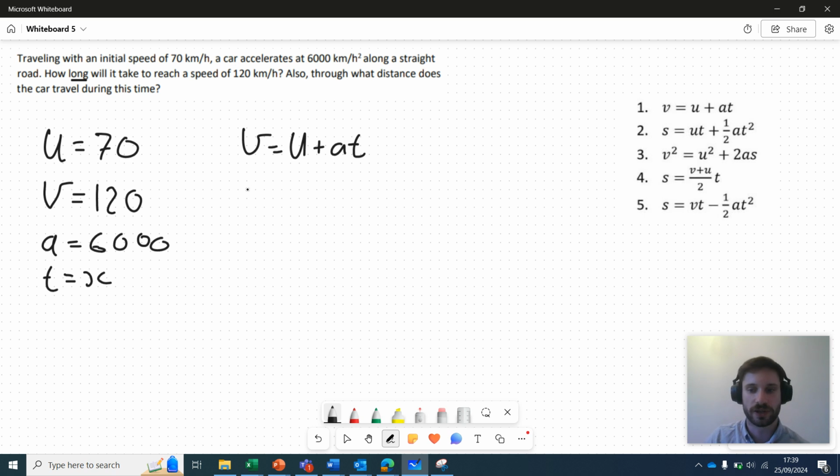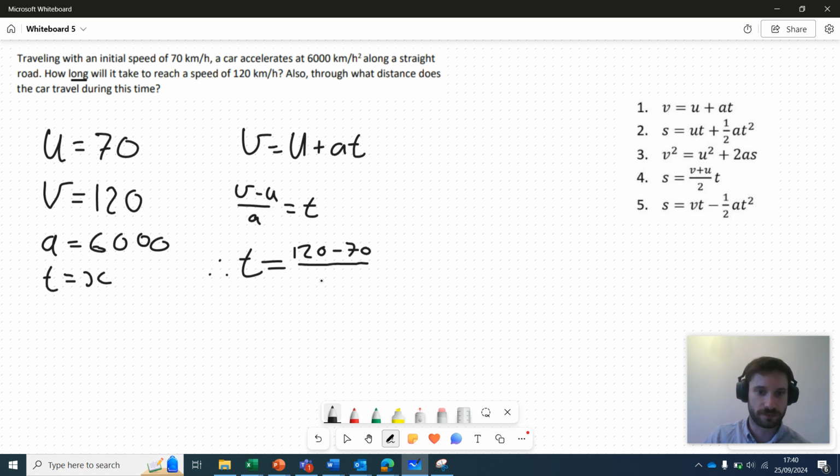So I'm going to do 2 steps in one here. I'm going to subtract u from both sides, and I'm going to divide both sides by a, which gives me t. Now when I substitute my values in, I find that t is equal to 120 minus 70 all over 6,000.